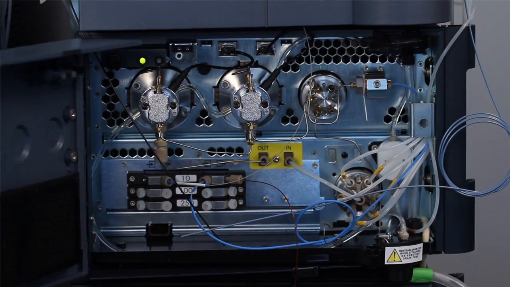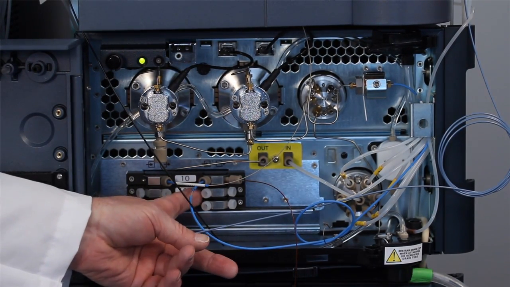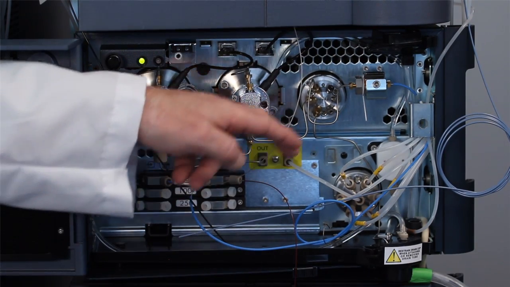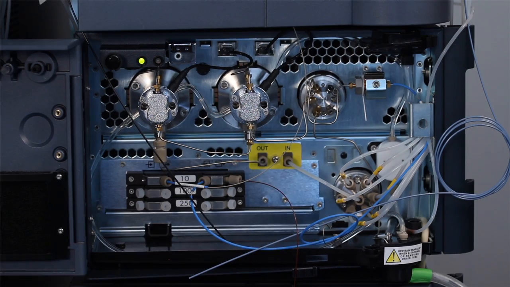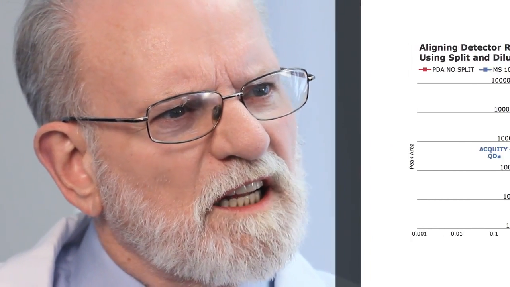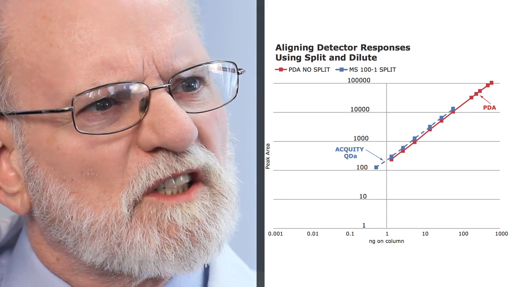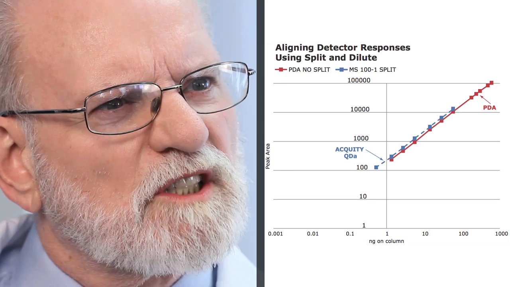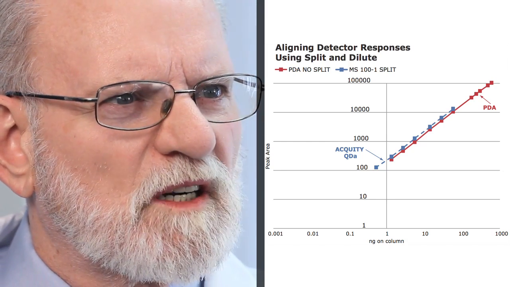The tubing in each part of the flow path is controlled to give the controlled division of flow, and the Ts and junctions are carefully engineered to minimize dispersion. With the use of the split and dilute modules, the linear dynamic range of the mass detector is now shifted to higher concentrations so that it more closely aligns with the PDA detector.